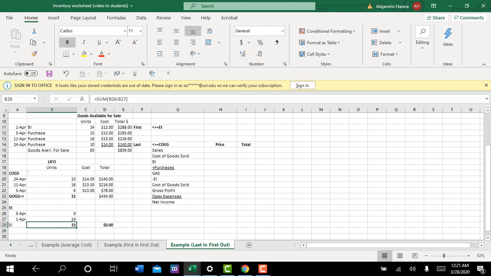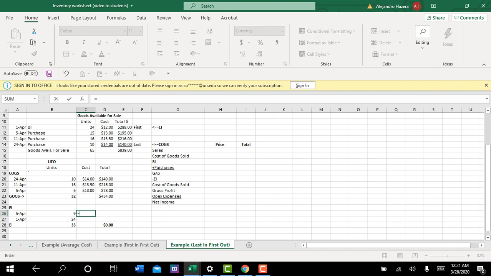Okay, so now we're going to go ahead and finish our calculation. On April 5th, those units were all $13, and on April 1st, which is your beginning inventory, those units were all $12. Okay, and I'm going to extend these out. I'll just take this formula and copy it down.